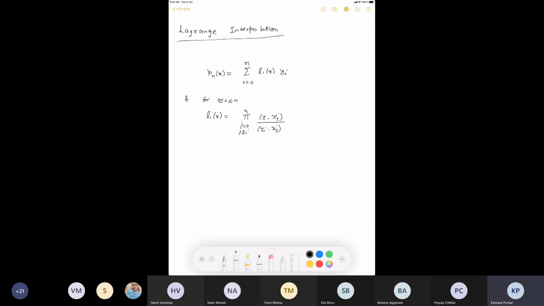Right? So this is the Lagrange form of the interpolating polynomial. This is the Lagrange interpolating polynomial, and we call these the Lagrange basis polynomials.